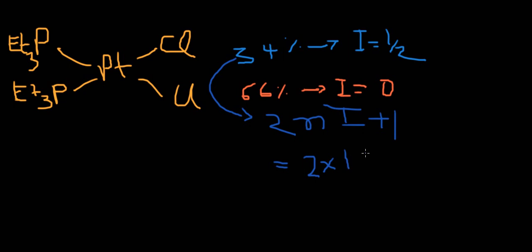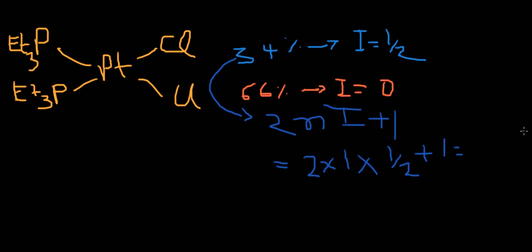If someone told you to find out the phosphorus NMR of platinum for this compound, then due to platinum being a spin active nuclei, it shows this kind of peak, 2nI plus 1.